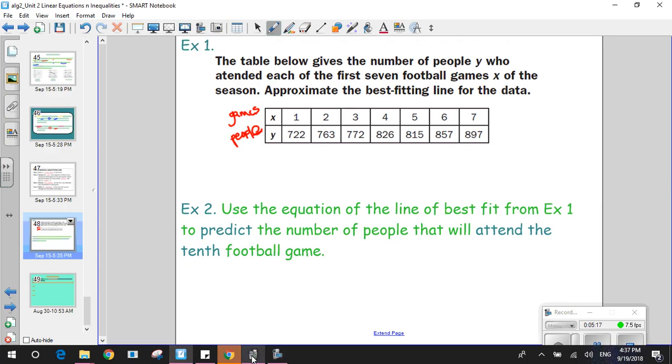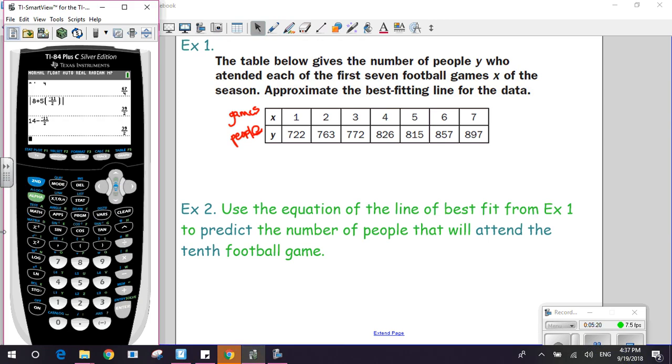So let's grab our calculator. To enter the data on a calculator, you need to go to Stat, and let's clear the data that might be in there.